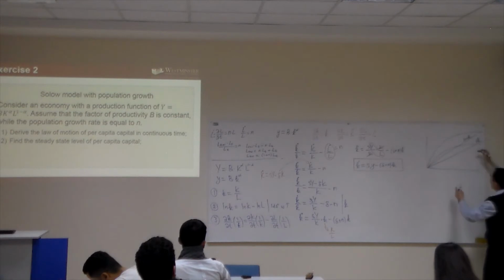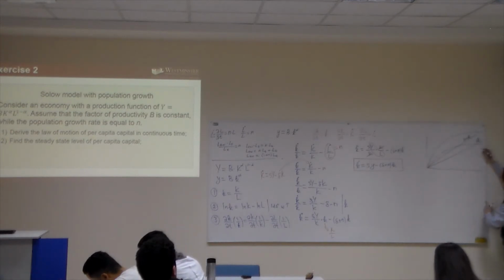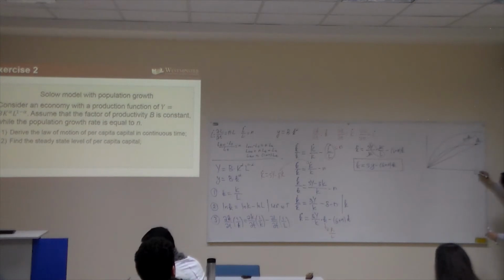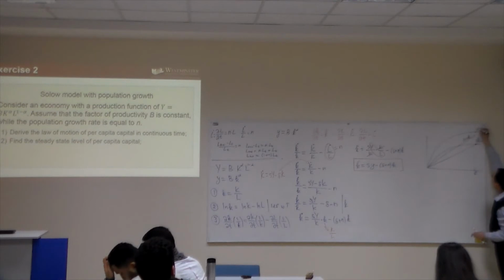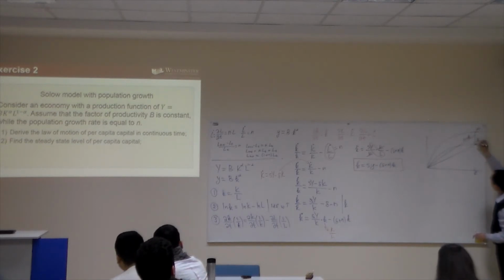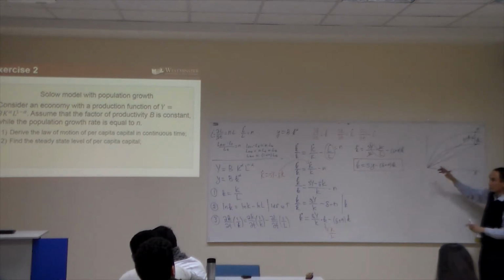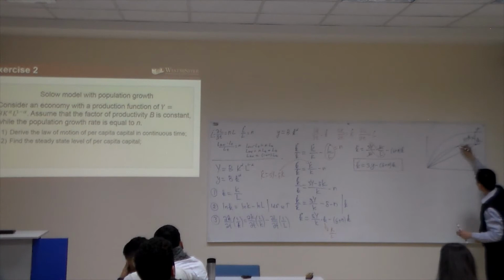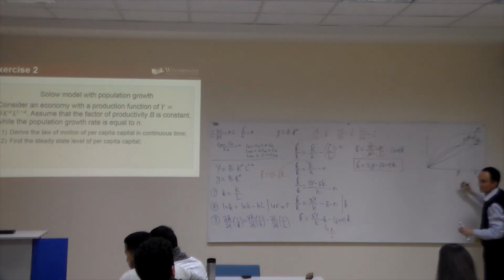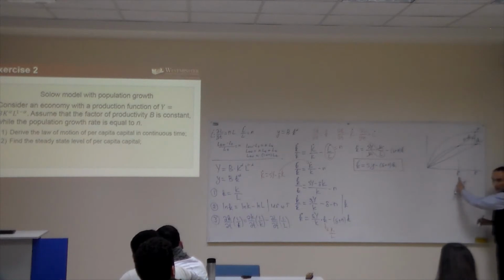Which means that if population is not growing, the economy will reach steady state level of K star, and output will be Y star in here, and consumption is going to be this much. While in a country with everything same, the only difference population growing, it will reach much less steady state level of per capita capital.